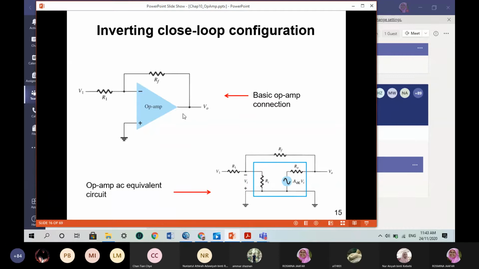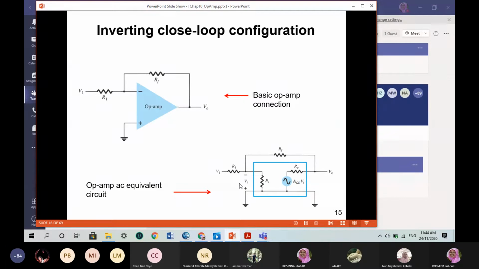For this closed loop configuration, we can sketch the AC equivalent circuit. We will have R1, Ri, and Ro in series with the AOL, the open loop gain, multiplied by V in. And RF is the resistor connected from the output to the input.